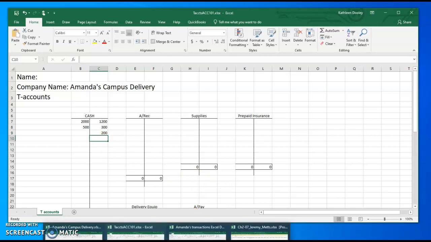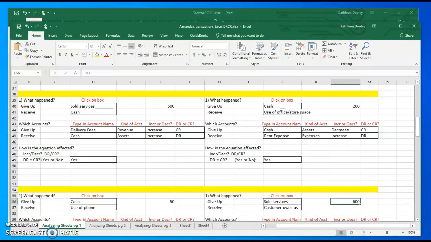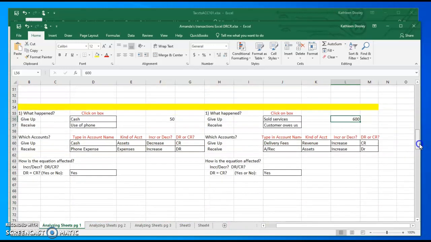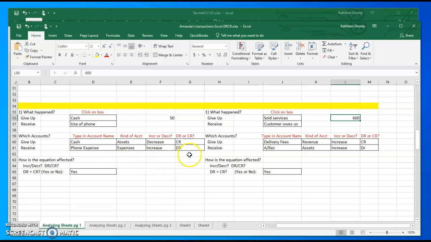Always make sure that whatever you do to a credit side, you do to a debit side and vice versa. Okay? Next transaction. We have a debit to phone expense and a credit to cash for $50.